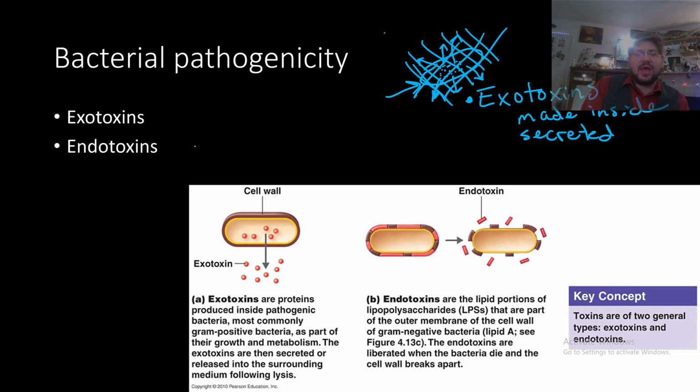In contrast, we have endotoxins, right? So endo being inside. In this case, it's a little less intuitive. What we mean by an endotoxin is that the cell wall itself is pathogenic. It's toxic.